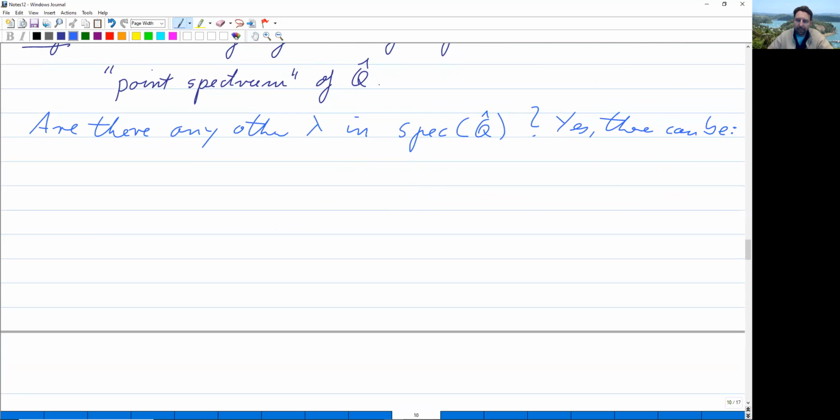And how that can happen is that we observe: if the inverse of Q hat minus lambda 1 exists, then lambda can still be in the spectrum. Let me remind you how that happens.